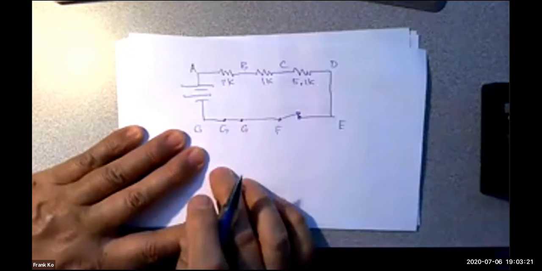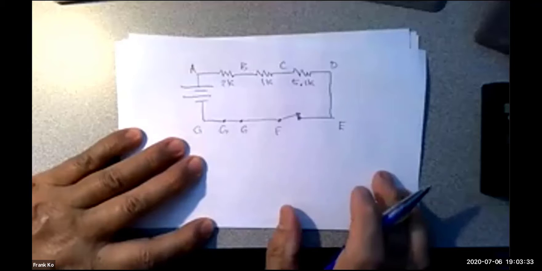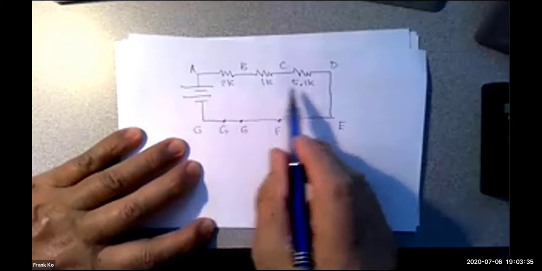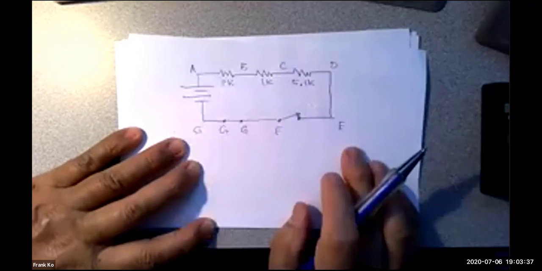Is that correct? Everybody with me so far? All right, let me do a full screen on this. So it was a 2K, 1K, and a 5.1K. Everybody okay with that so far?